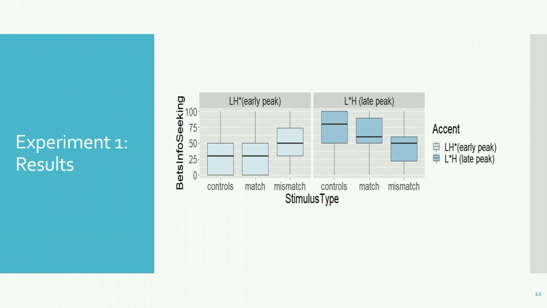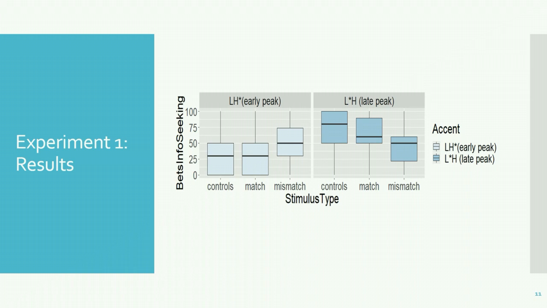Now, if we look at the left panel where we have the early peak cases, what we see is that there was no difference between controls and matches, and both of them led to significantly lower bets than mismatches. Now let's move to the right panel where we see the late peak, and there the situation is a bit different.